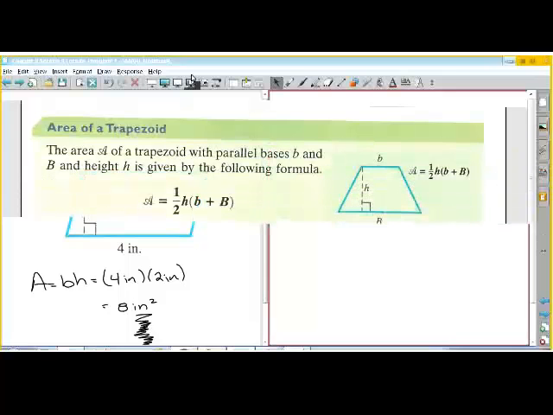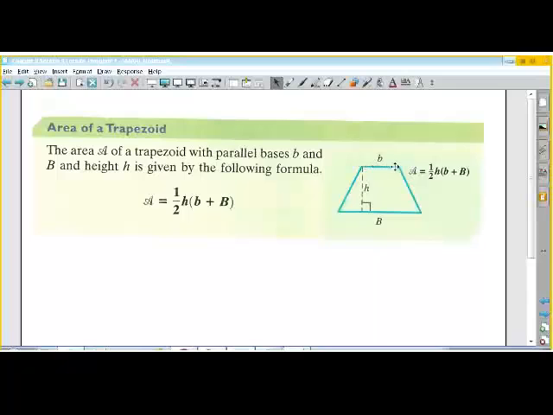Now, a trapezoid has a similar kind of thing, except you take the average of the two bases, and then you multiply that by the height. So it's b, small b, which is the length of the shorter parallel side, plus the length of the other parallel side, multiplied by the height.